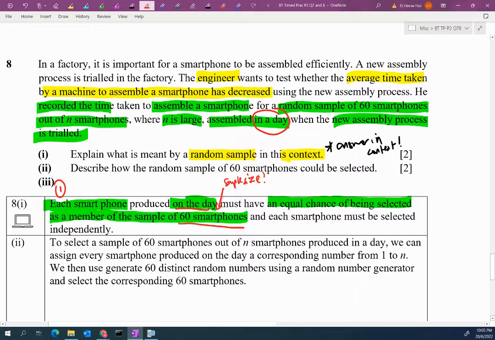All right, and so here comes the second part. Each smartphone must be selected independently. All right, that means the selection of each sampling unit is actually independent of one another. This is the second feature. Right, so in random samples, when you're asked to explain, these two features must be clearly explained or described.